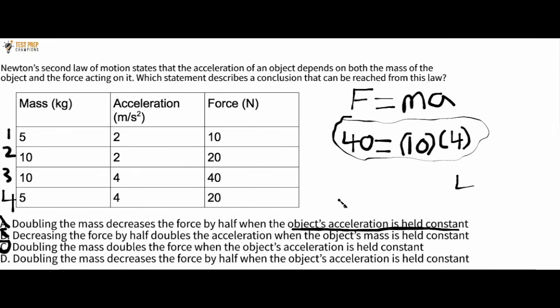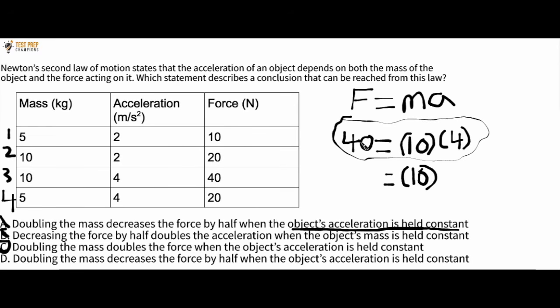Now how would you do this with B? B says decreasing the force by half doubles the acceleration when the object's mass is held constant. So this time we want to keep the mass the exact same, because it says the mass is held constant. And it says decreasing the force by half.